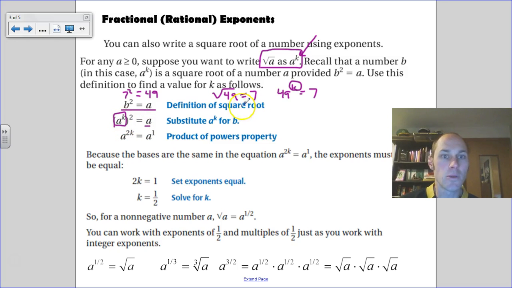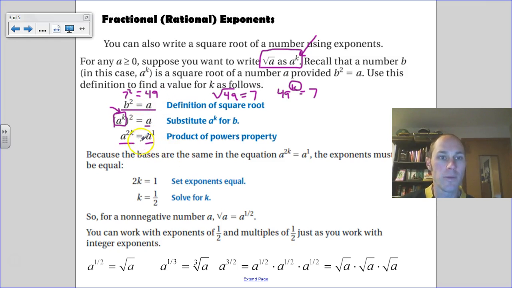So we know when we take the square root and the square, they cancel each other out, and it'll give us the same thing. So let's say which exponent is taking the square root, so that a to the k squared gives us a. So a to the k to the second is a to the 2k, and we know that's still a to the first over here.